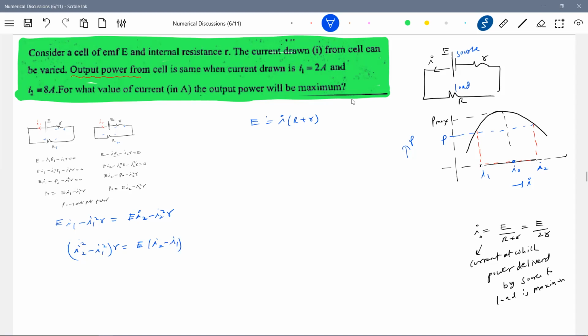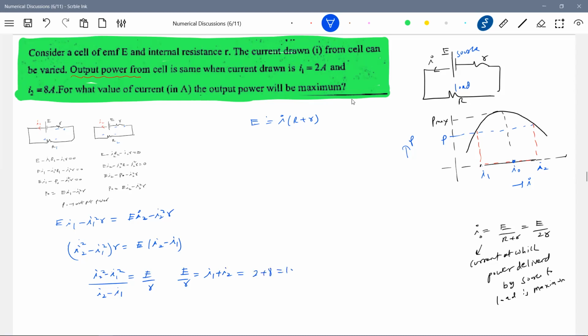I'll get the value of E by R. E by R is I1 plus I2.